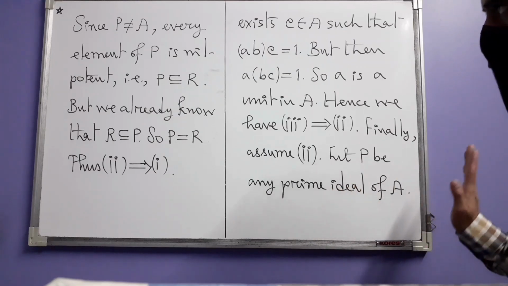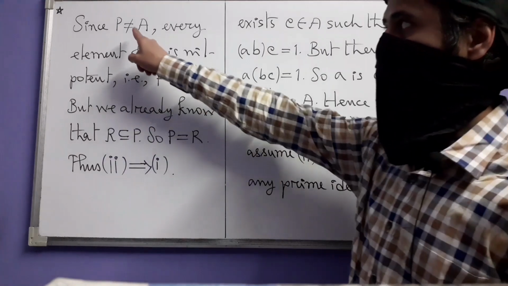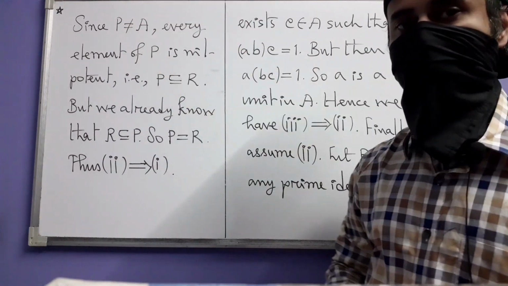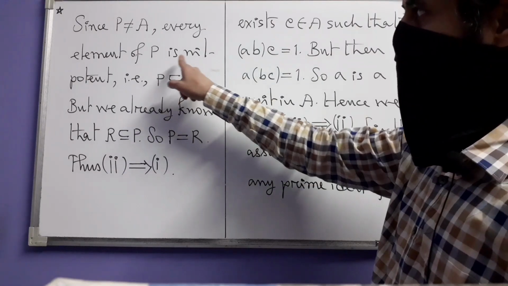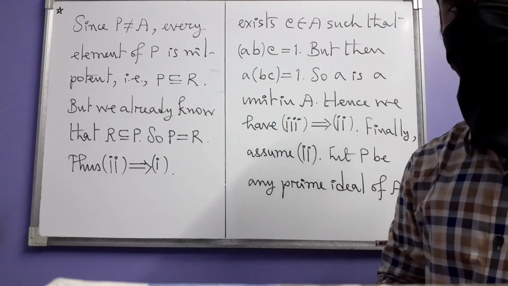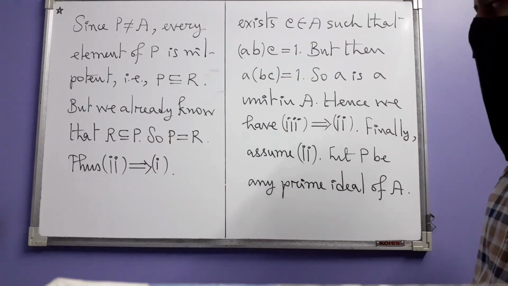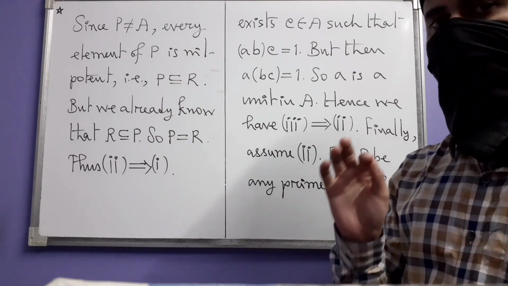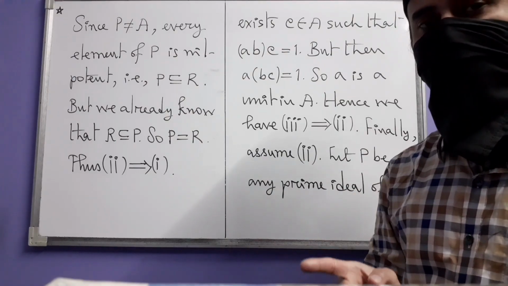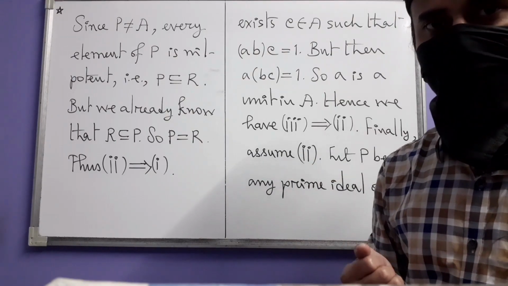Let P be any prime ideal of A. Because P is a proper ideal, P is not equal to A, so every element of P must be nilpotent. Why? Because by our hypothesis, which is statement 2, every element of P is either a unit or nilpotent.